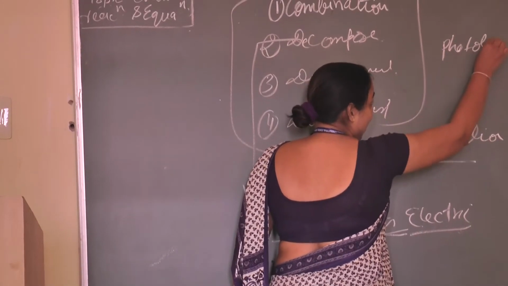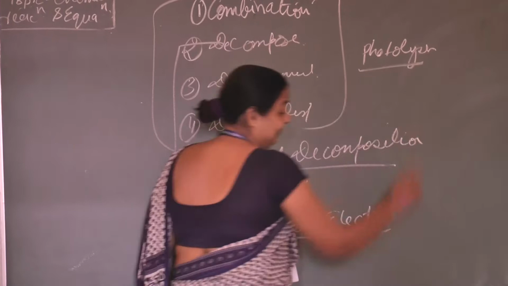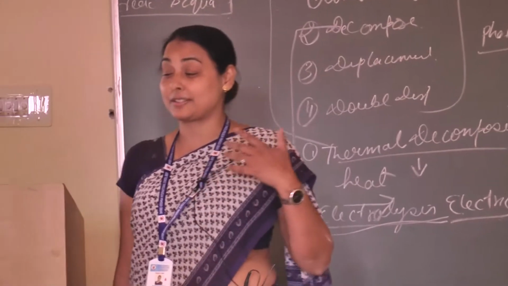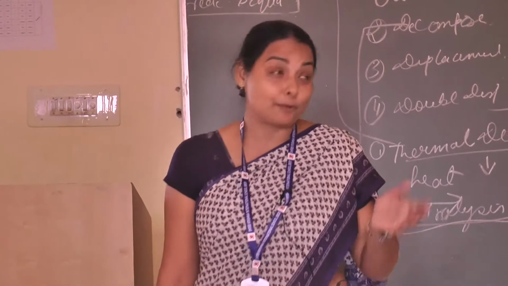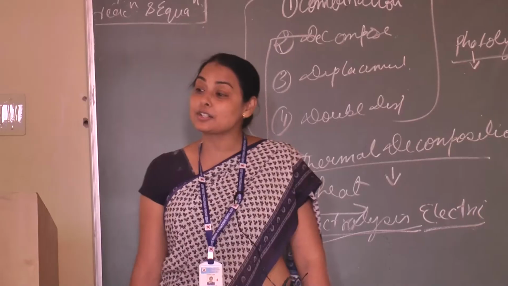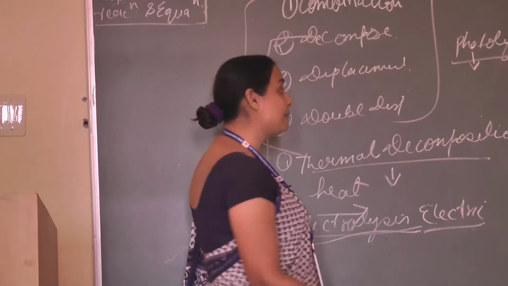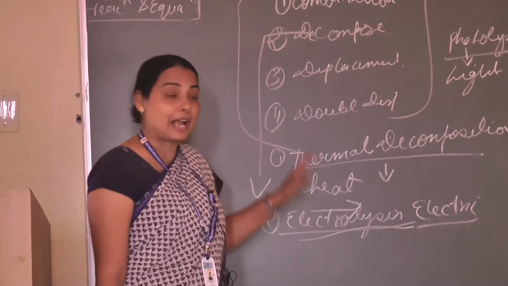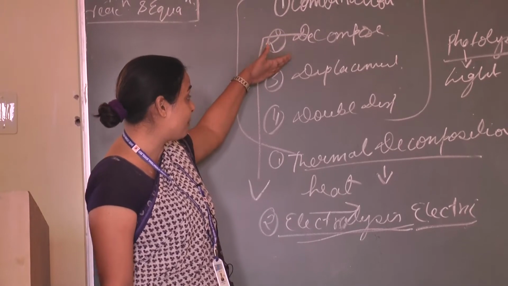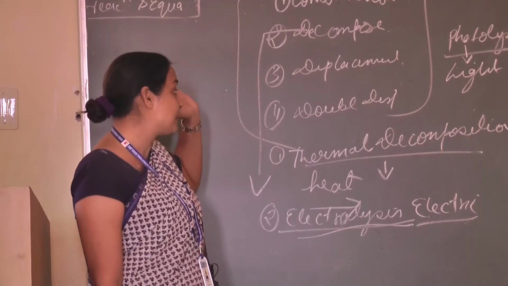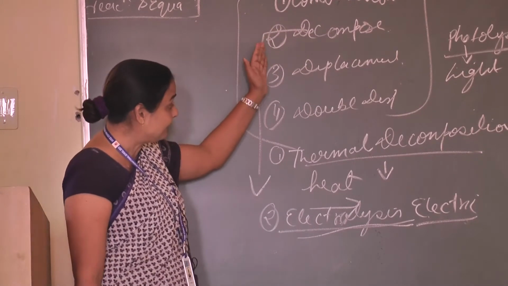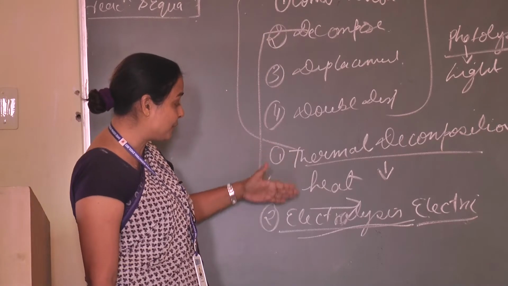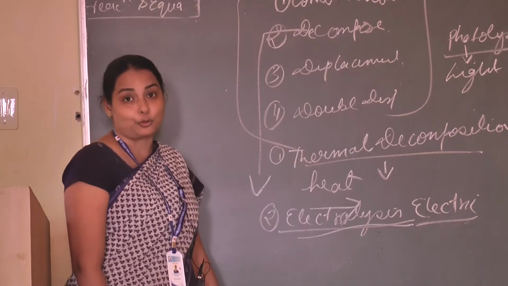As you are in 10th standard, you are learning about charges and light. Photo means the presence of light. It means the photolysis reaction happens in the presence of light. So these are all the reactions, apart from combination, decomposition, displacement and double displacement, we have thermal decomposition, electrolysis and photolysis.